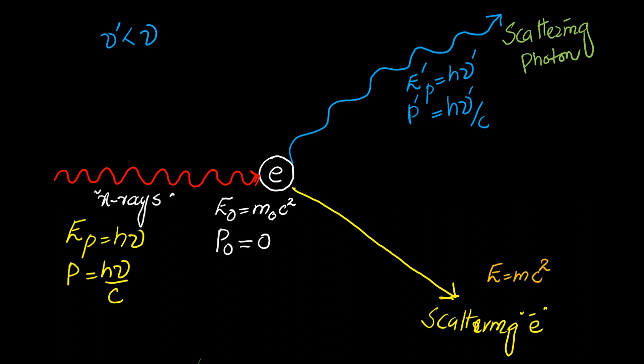And similarly, the momentum of the scattered electron, p e dash, will be different from the initial momentum of the electron, which was zero at rest. As you know, momentum p is equal to m into v, so the momentum of the scattered electron will be m into v.